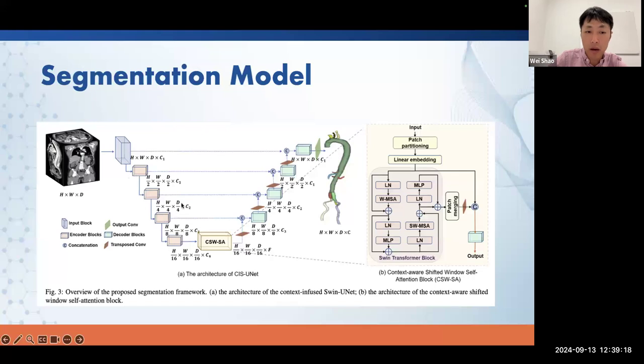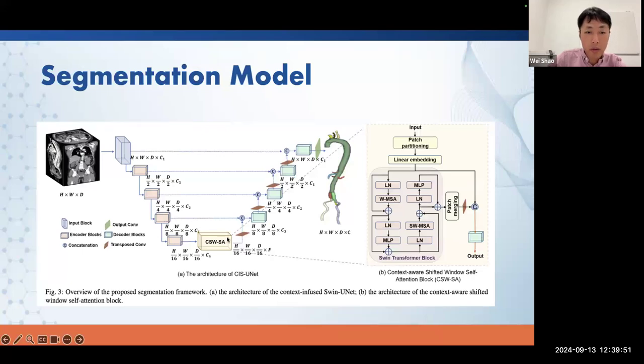The encoder extracts high-level features from the image, and here we have an innovative CSWSA network, which is basically a local context-infused Swin transformer. This Swin transformer, compared to the original vision transformer, is known for its computational efficiency, thanks to the shifted window attention compared to the global attention of the vision transformer.